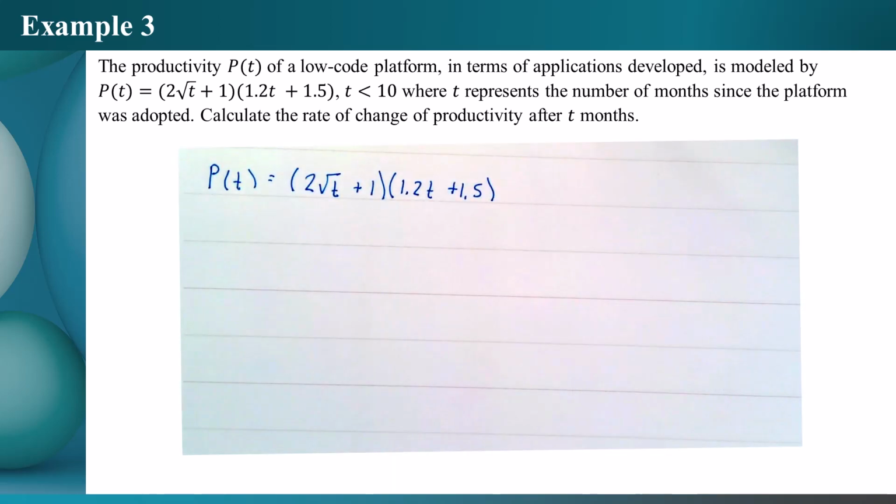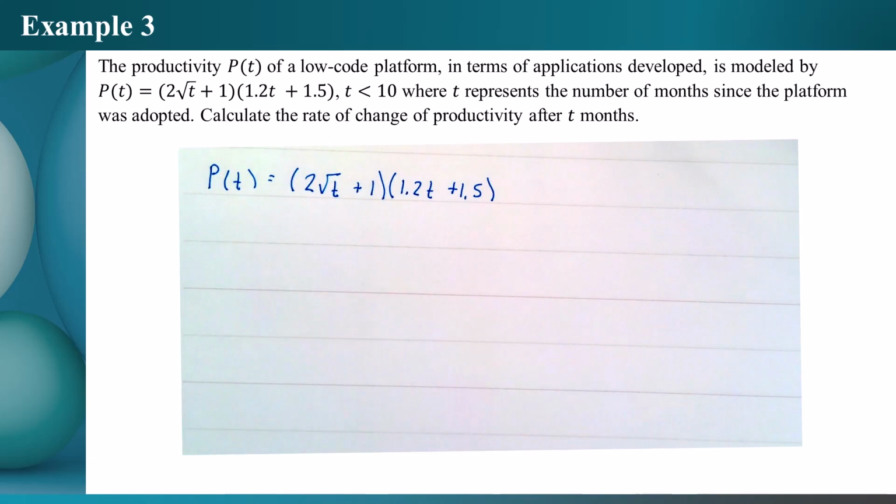So we have a function, P of t, which represents the productivity of a low-code platform, and this is equal to the quantity 2 times the square root of t plus 1 times the quantity 1.2t plus 1.5. And what we want to do here is find the rate of change of productivity after t months. Well, that would just be the derivative of P of t.